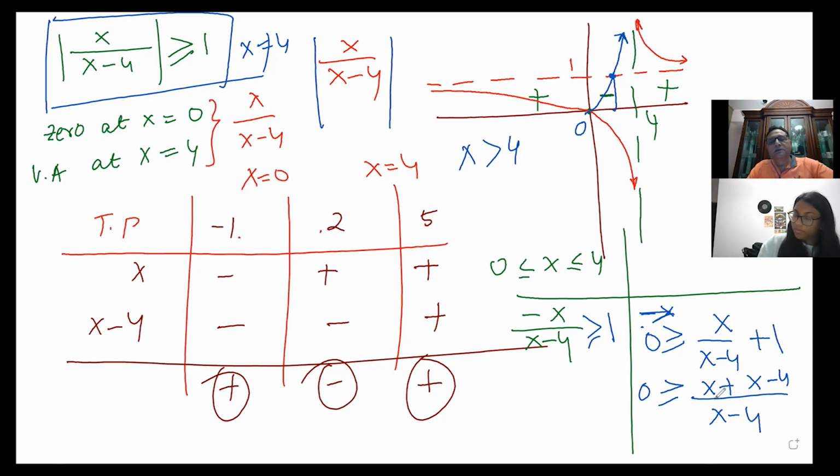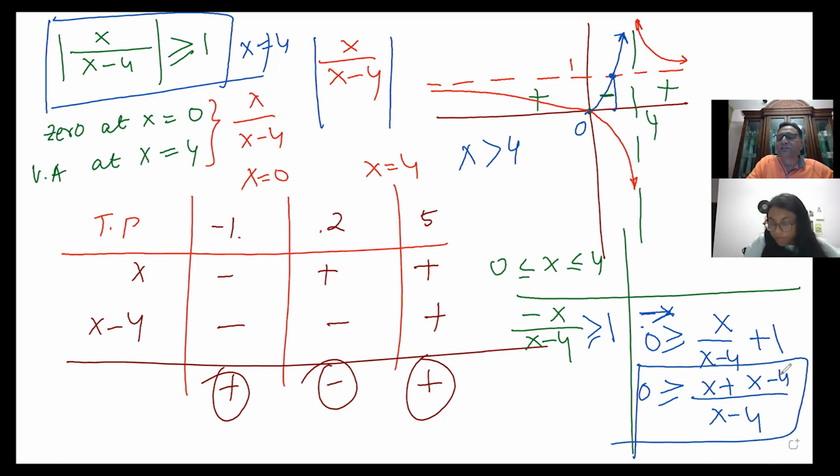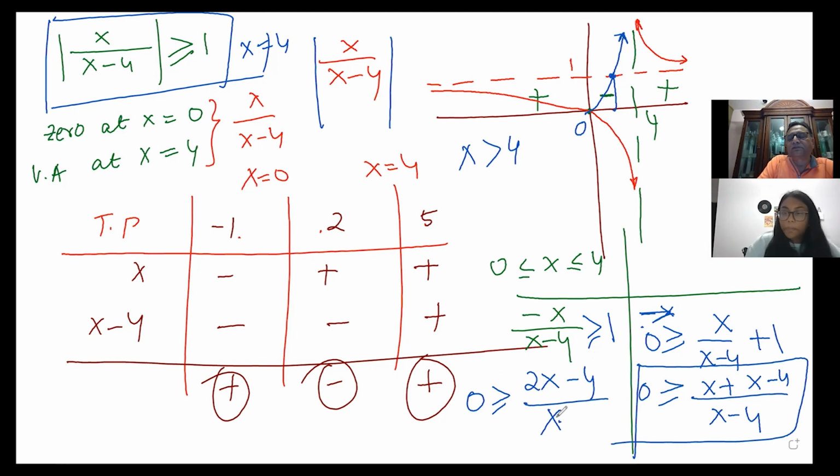So now I'll remove this page, clear this away. Is this all clear to you? So note this inequality. We are going to solve this now, which is 2x minus 4 over x minus 4, right? So we are saying 0 is greater than or equal to 2x minus 4 over x minus 4. This is what we have to solve. Is it okay?